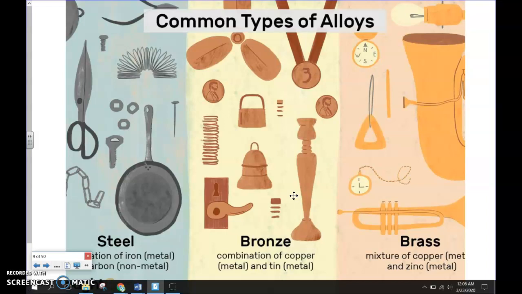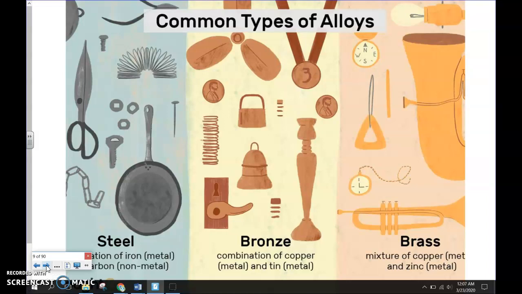Still is, honestly. You've got your candlesticks, the bells, which again we'll talk about, the bronze medals, and maybe coins from the Bronze Age. But again, different types of alloys, different uses for them.